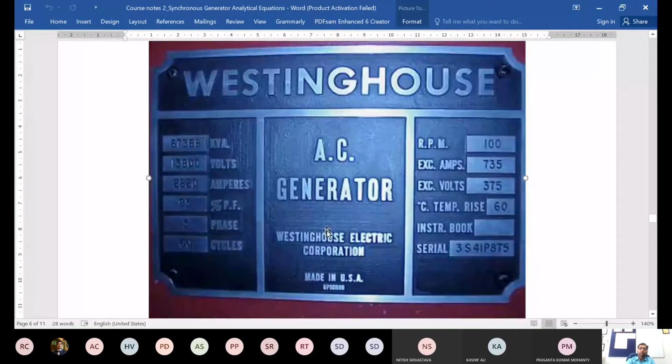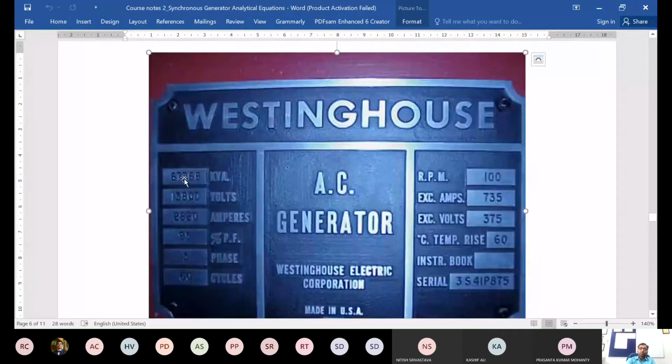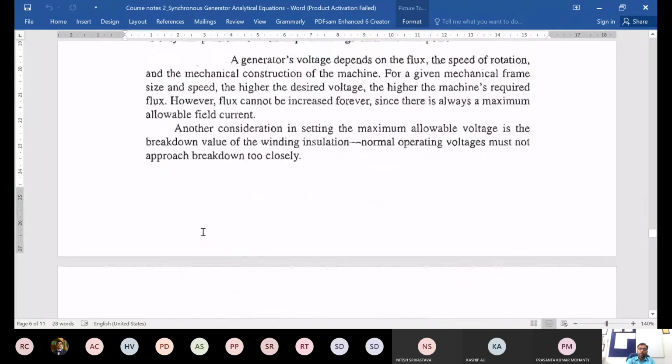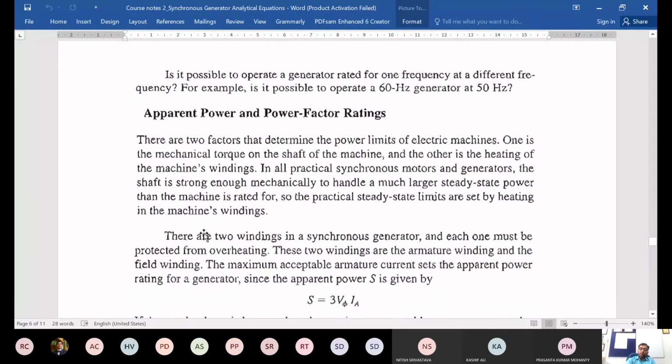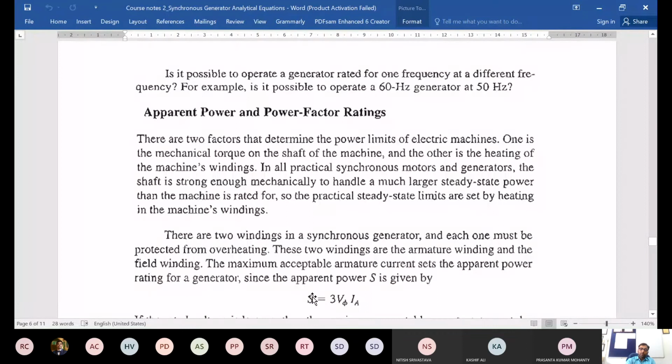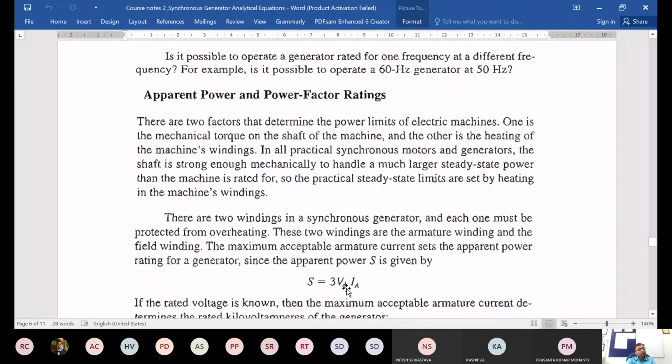This apparent power, or the kVA, which we saw here as 67,368 in this example, is determined by the amperage or current rating of the armature winding, and this in turn is determined by the ability of the winding to absorb greater thermal loading. Depending upon that, this apparent power rating is determined, and we have looked at this earlier also.